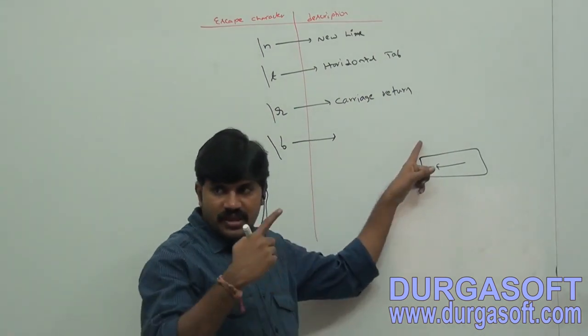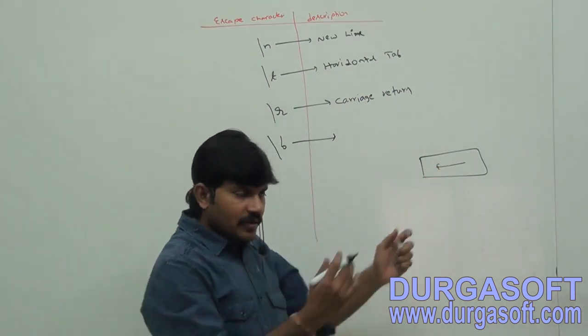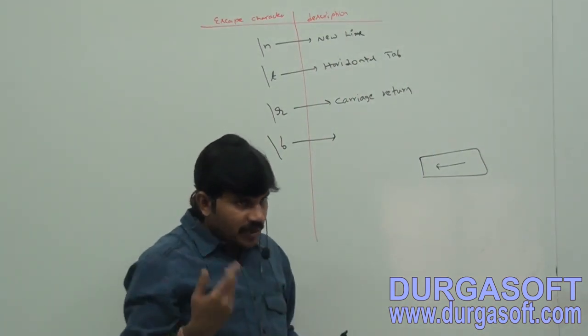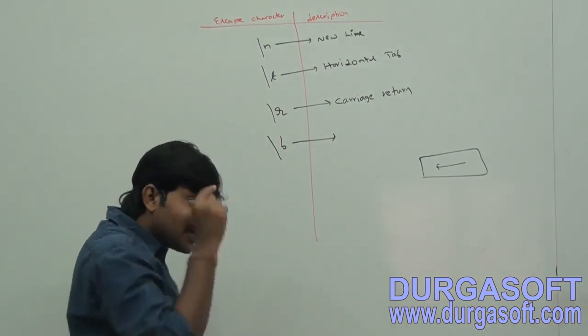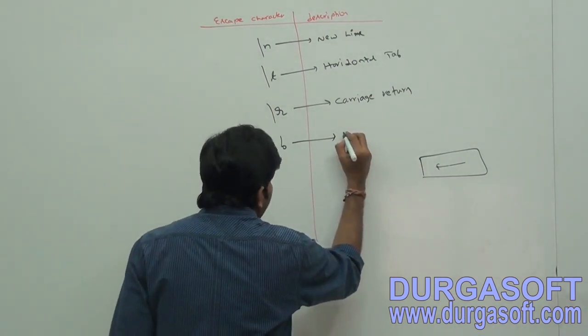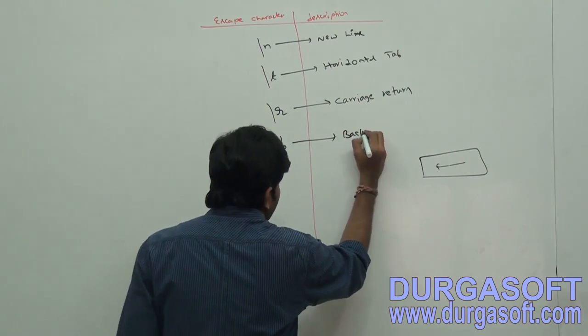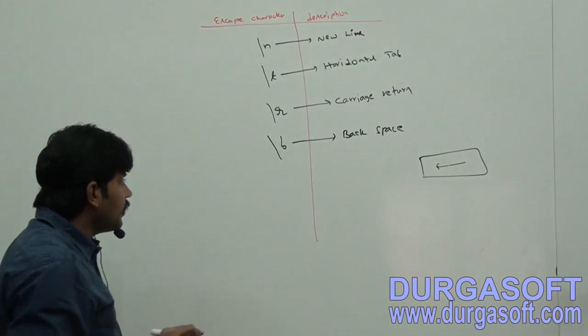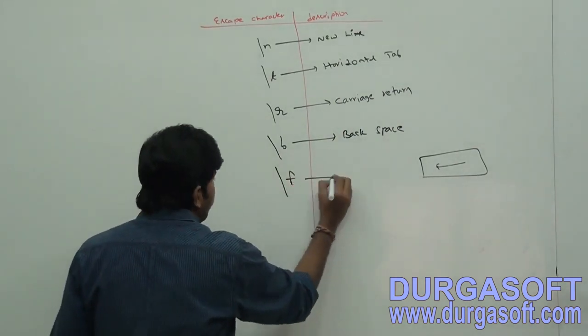If I click this one, then one cell moves back. If any character is there, it will be removed. If you want that functionality, then we have to keep what? \b. So backspace character, not blank space.